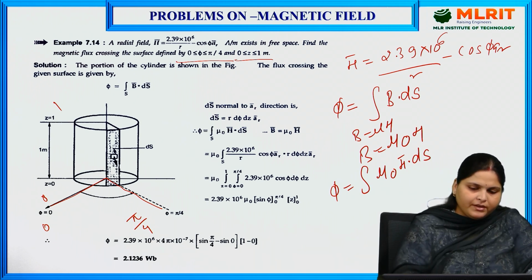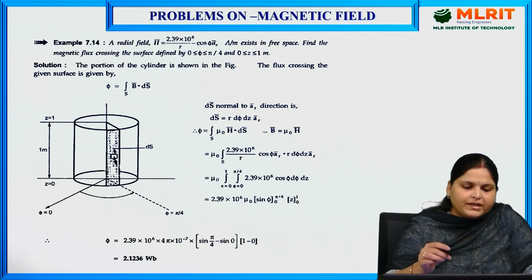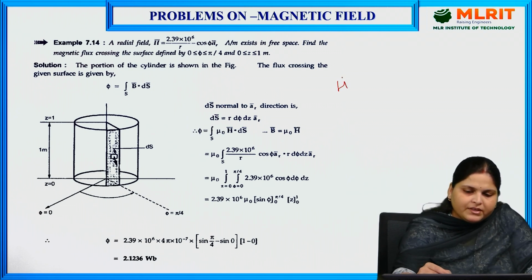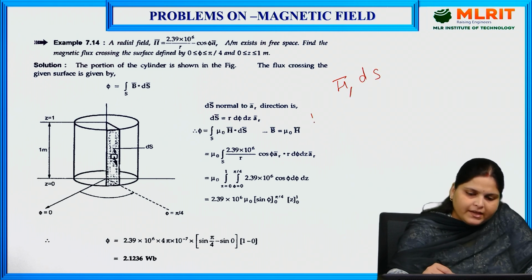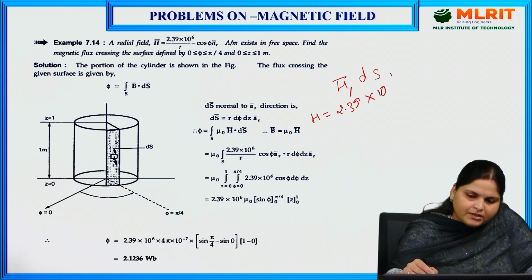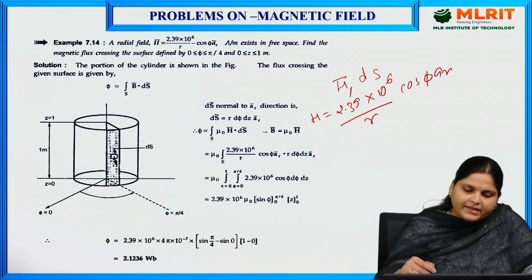First, H is already given in this question. Also we need to find ds. H is equal to 2.39 into 10 to the power 6 divided by r, cos phi, a_r.